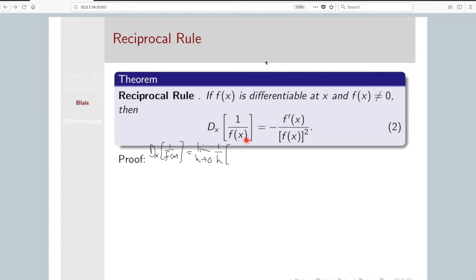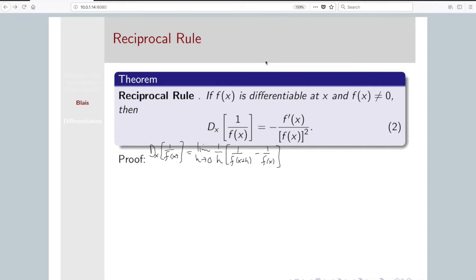We first evaluate this expression at x plus h, so 1 over f of x plus h. Then we subtract just the function evaluated at x. So remember, this is the numerator. This is the expression evaluated at x plus h minus the expression evaluated at x, all divided by h. So that's our standard definition of derivative.